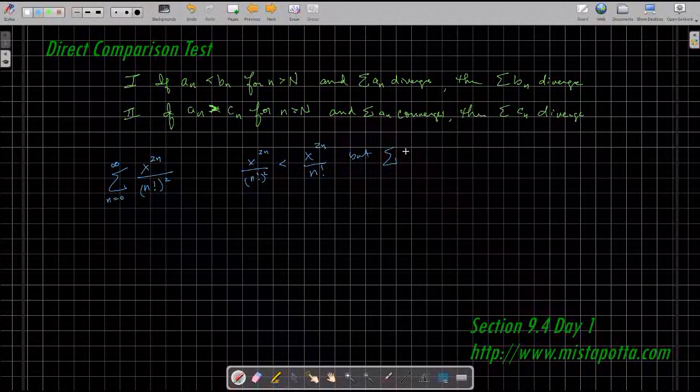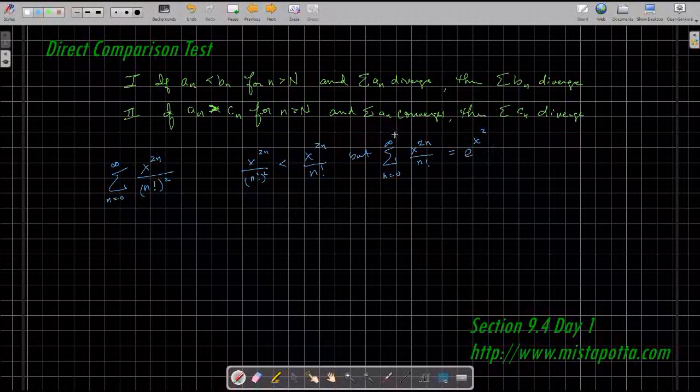But I know something about this sequence. If I take x to the 2n over n factorial as n goes from 0 to infinity, this is really e to the x squared power.